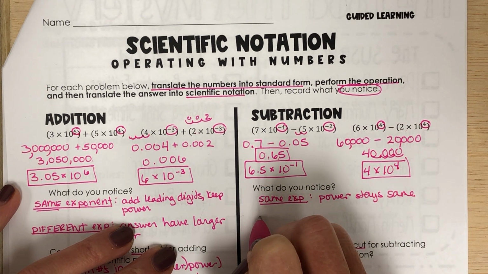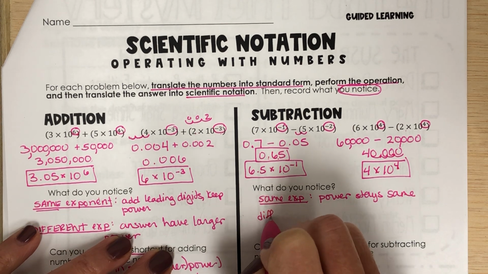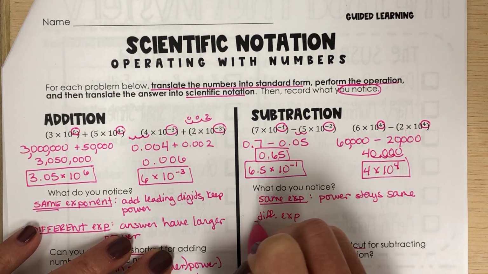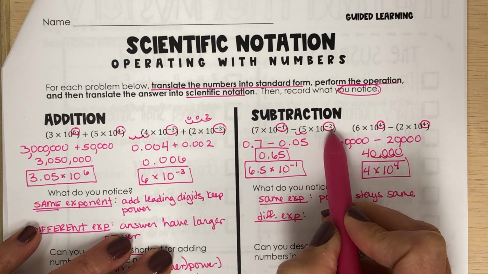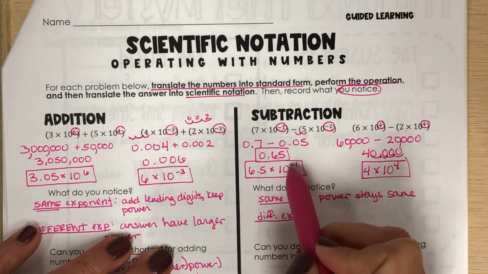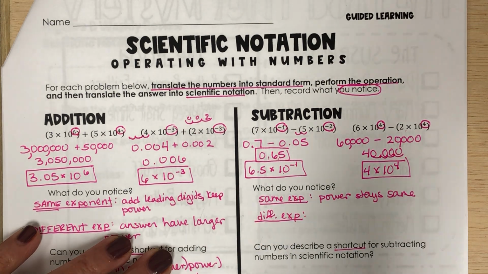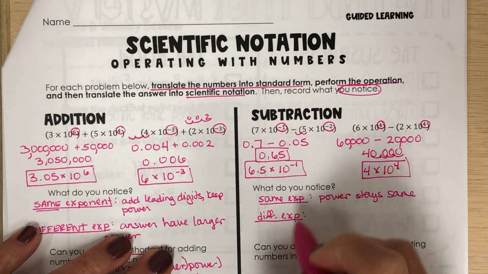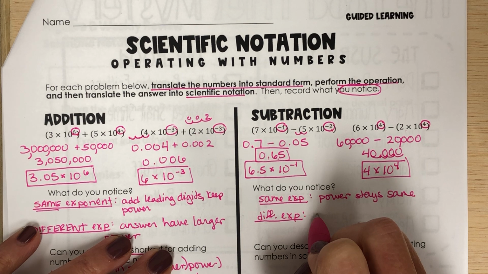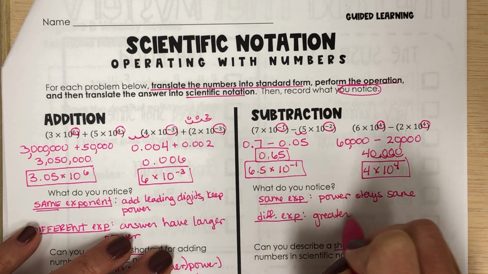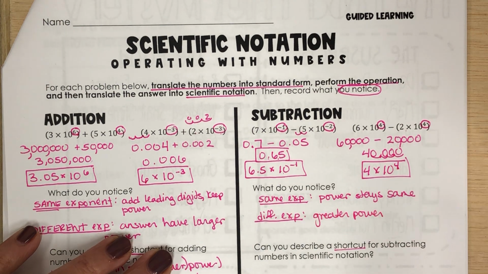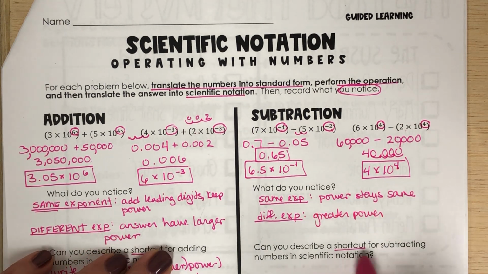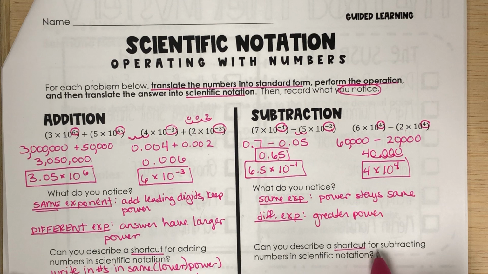And when I have a different exponent, here I had negative 1 minus negative 2, and my answer had a negative 1. My answer is going to have a greater power. So my answer will have a greater or larger power, which means it's farther right on the number line. So let's figure out, can we come up with a shortcut for subtracting numbers in scientific notation?